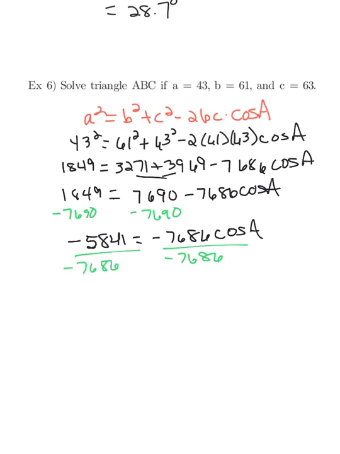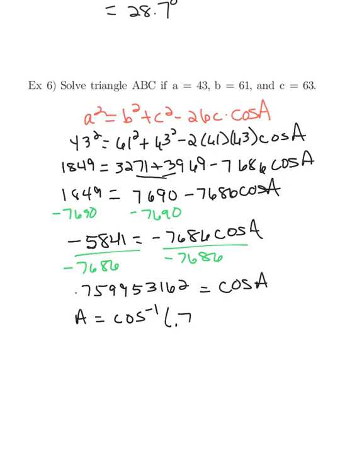And so we have 0.759953162 equals the cosine of A. So A has to equal the inverse cosine of our decimal. So A comes out to be 40.5 degrees.